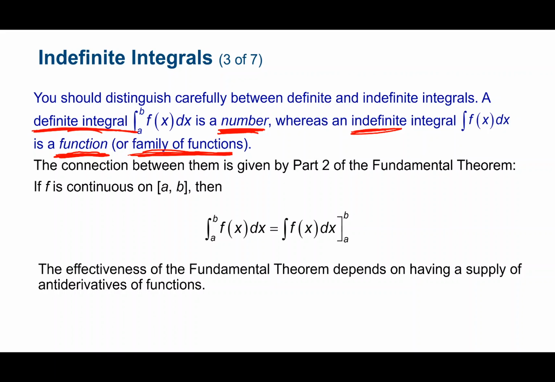So if we're trying to find a definite integral, I don't care too much for how they've got this written, but what we're saying is we're taking the antiderivative, the indefinite integral, and we got some notation here. We got a square bracket on the end. That means we're going to evaluate this thing between a and b.